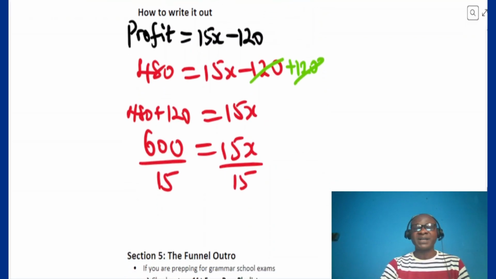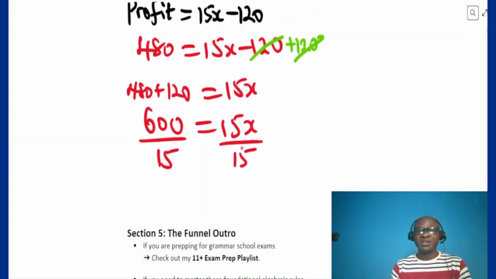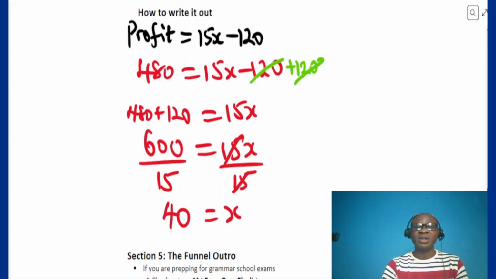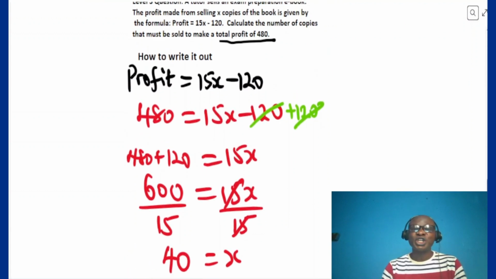What then will happen after this is done? You will see that we cancel out 15 here, leaving you with x equal to 600 divided by 15, which is exactly 40. Remember, what does x represent in the equation? x represents the number of copies that must be sold.